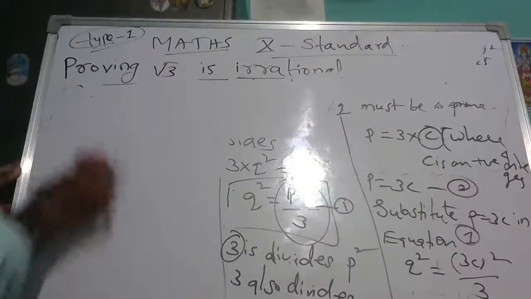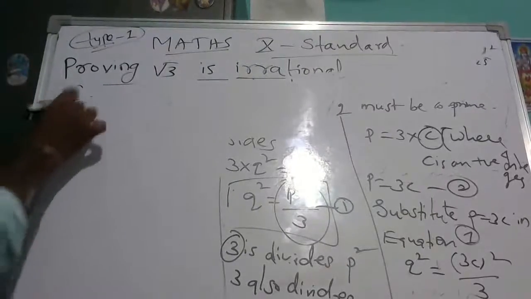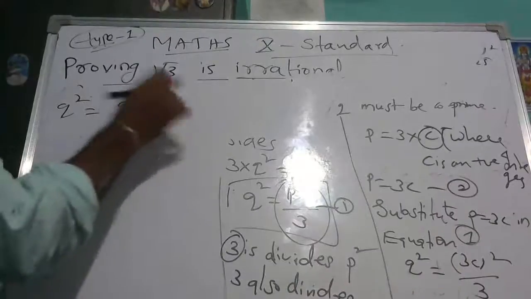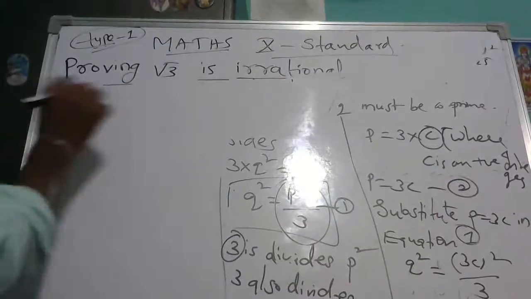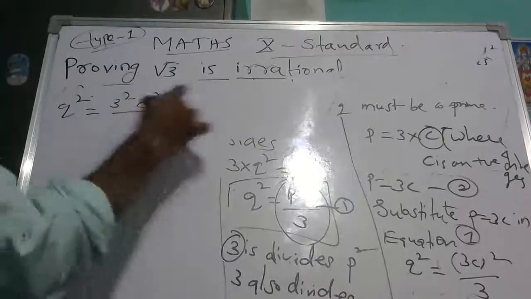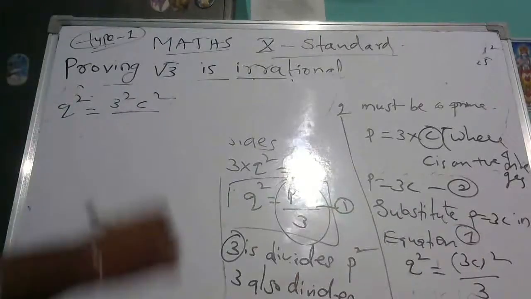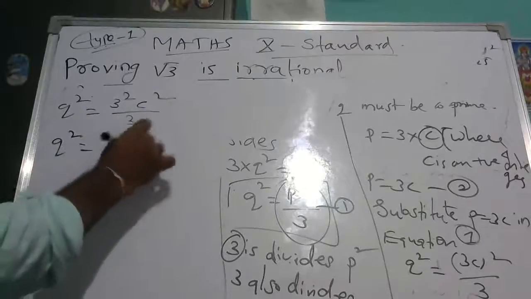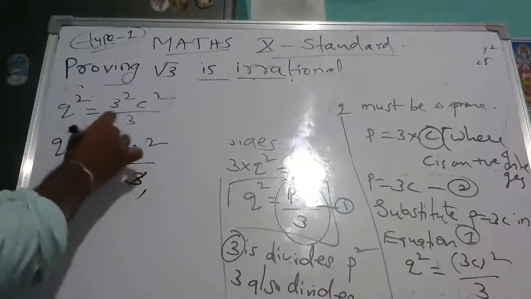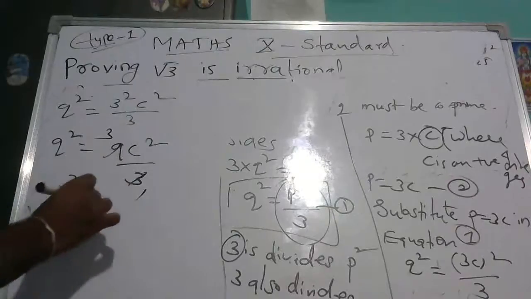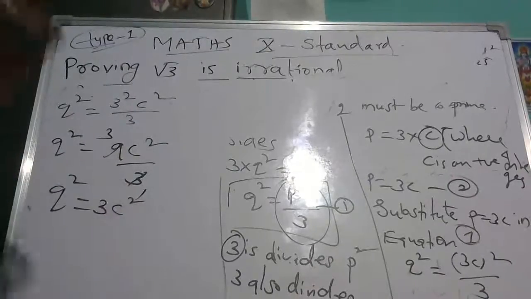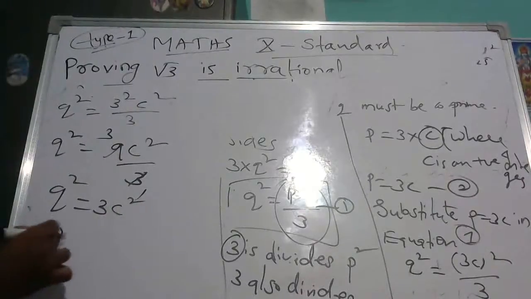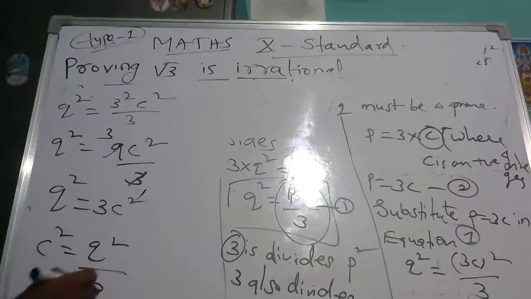In that case, it becomes q squared is equal to 9c squared by 3, since (a into b) whole power n is a power n into b power n. 3 ones, 3 threes. Q squared is equal to 3c squared. From this, c squared is equal to q squared by 3.